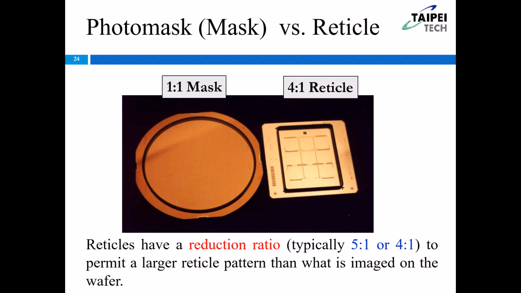And on the next page, I will show you the difference between the mask and the reticle. You see, the mask size is the same as the wafer size. It's equal to the wafer.